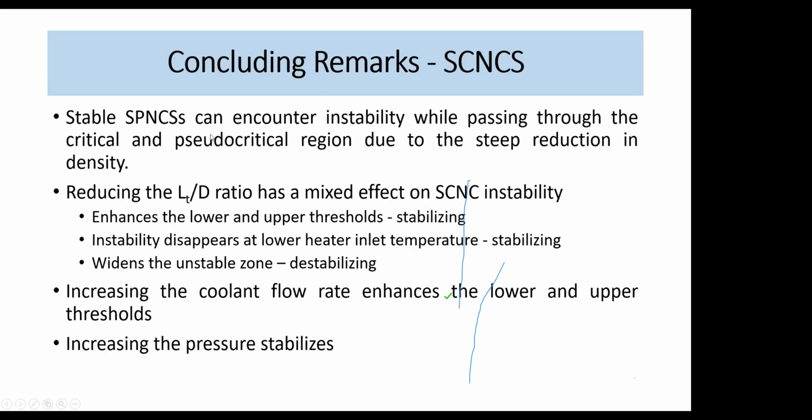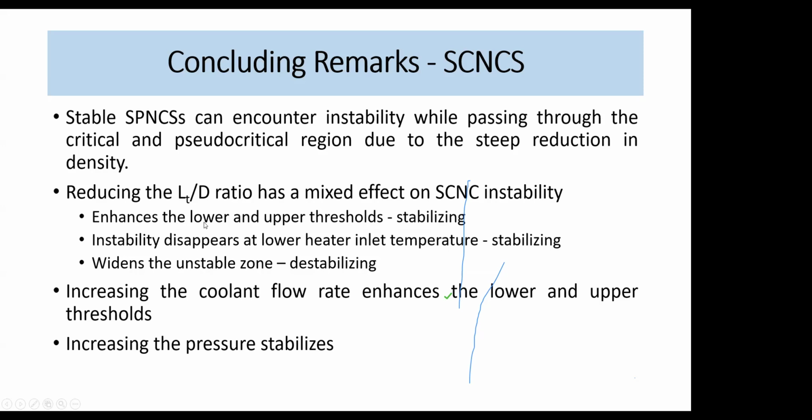Now, if you look at supercritical systems, a single phase stable natural circulation system can encounter instability while passing through the critical or pseudocritical region, where there are steep changes in the density, actually steep reduction in the density. And you find that reducing the LT by D ratio has a mixed effect on supercritical natural circulation instability.